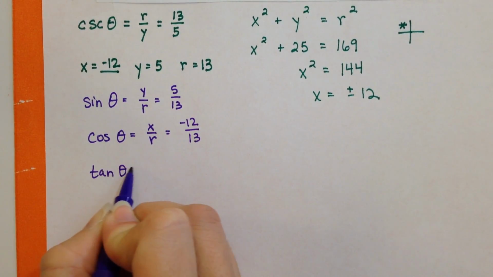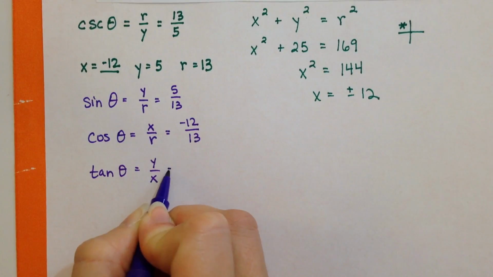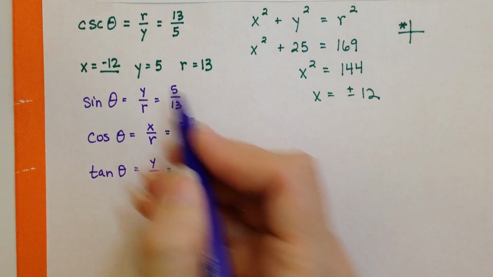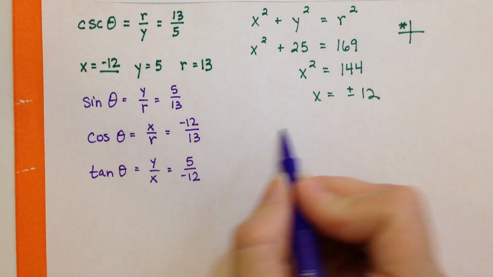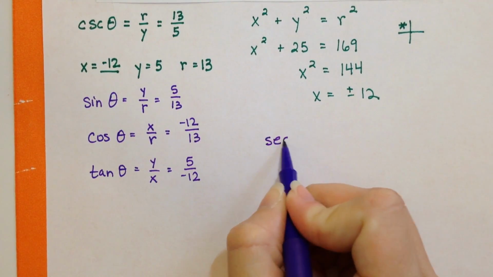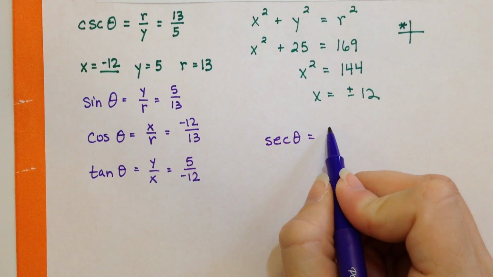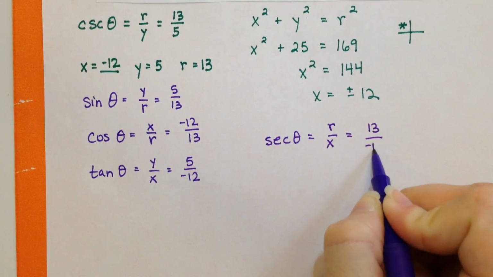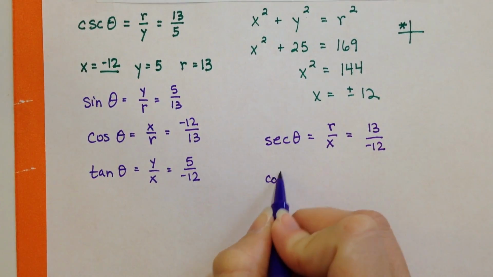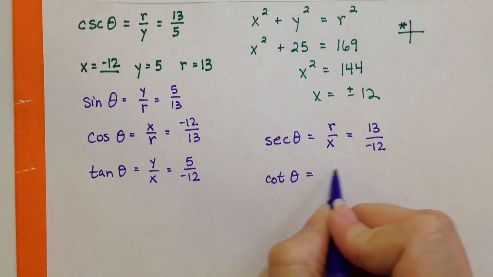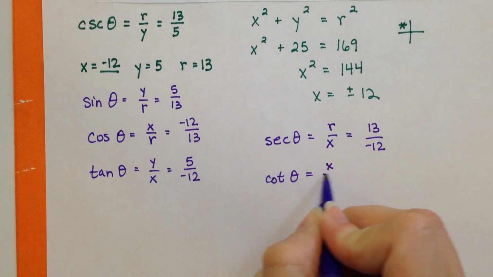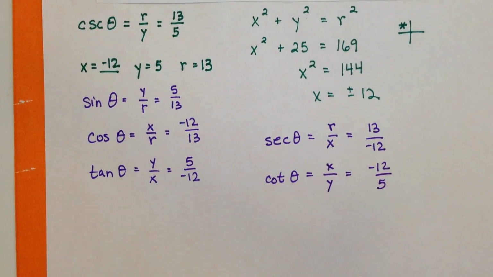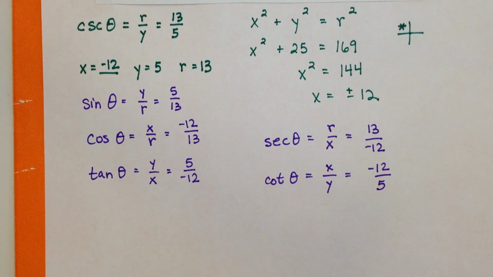Tangent is y over x, so 5 over negative 12. Of course, cosecant was the one that was given to us, so we don't have to write that one again. Next I'm going to do secant, so that's r over x, so that's 13 over negative 12. And then cotangent is x over y, so that's negative 12 over 5.